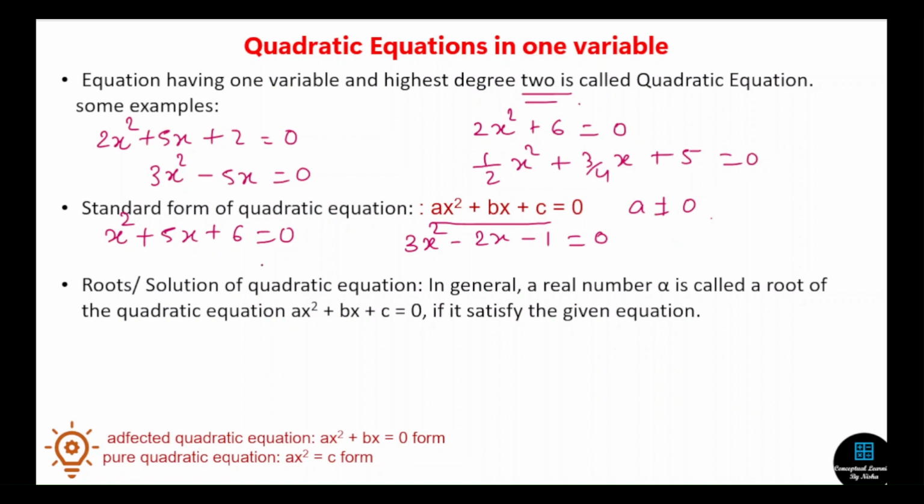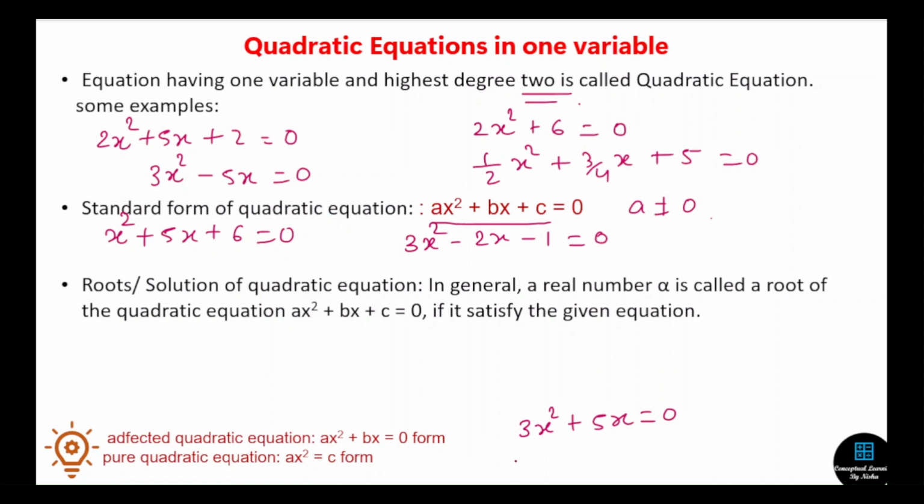Now when the constant term is missing, let's say 3x² + 5x = 0, here the constant term c is not there. So this kind of quadratic equation is called an adfected quadratic equation.